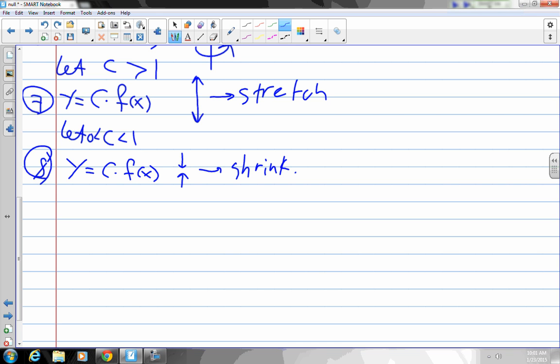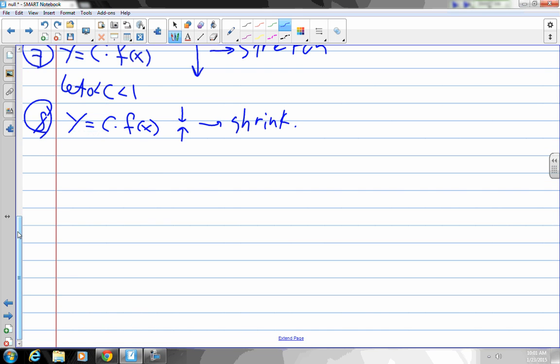So this is the pattern that I was telling you about. Messing with the y, everything is vertical, and everything is what you expect it to be. Bigger than 1, things get bigger. Less than 1, things get smaller. And again, let c be greater than 1.